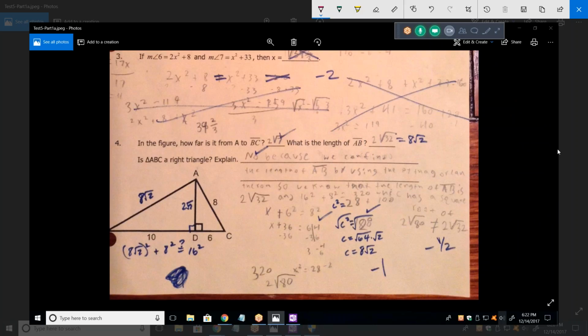Let me just look at number 4 for a moment. Looks like you got number 4 all right, except for down here. It's a little hard for me to follow your work. And that's a little problematic. If it's hard for me to follow it, it's going to be hard for your teacher to follow it.